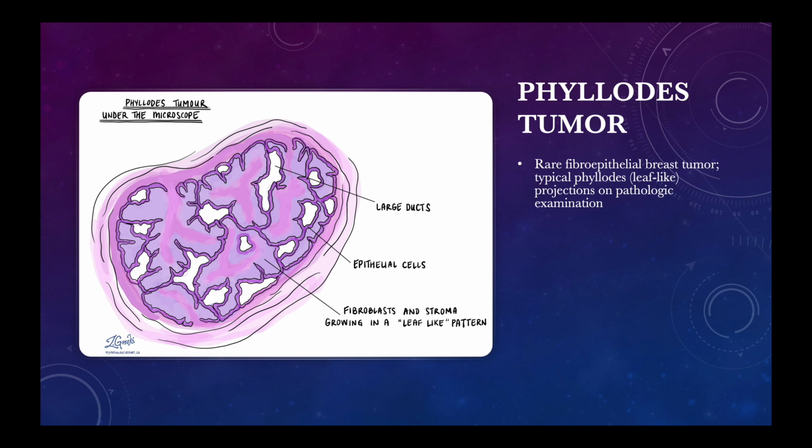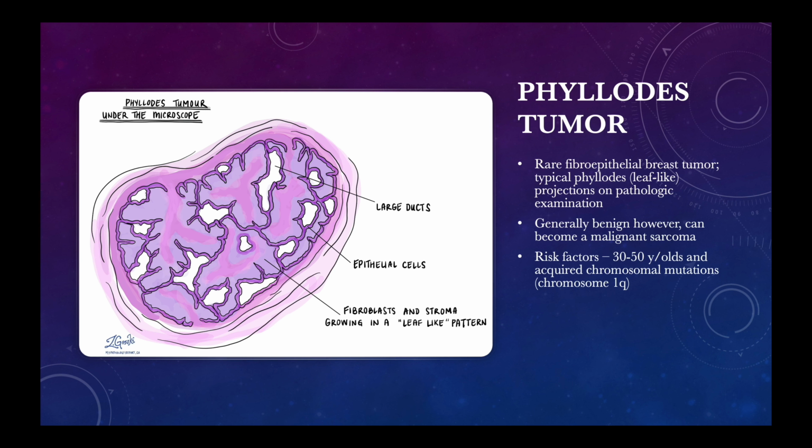It's leaf-like. And around the leaf-like projections, you have large glands present here, as you can see. Large areas of glands. These are generally benign. However, they can lead to malignancies, or they can develop into a sarcoma.